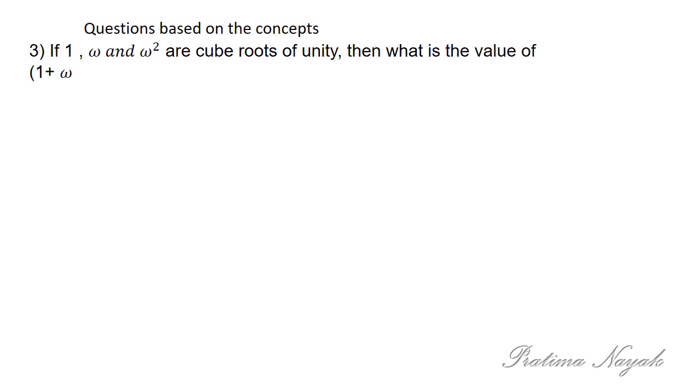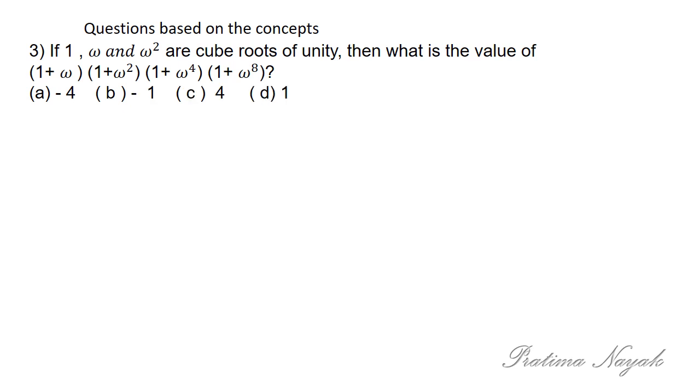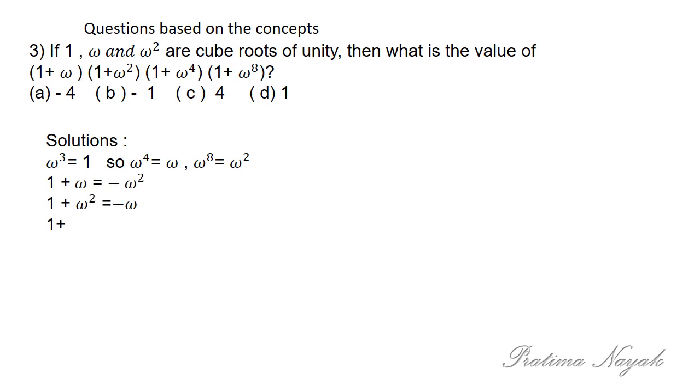Next question. If 1, omega, omega square are cube roots of unity, then what is the value of (1 plus omega) whole into (1 plus omega square) into (1 plus omega to the 4) into (1 plus omega to the power 8)? I hope now you are finding this very simple. Now 1 plus omega is equal to minus omega square. 1 plus omega square is minus omega. 1 plus omega to the power 4 is same as 1 plus omega, that will be minus omega square.